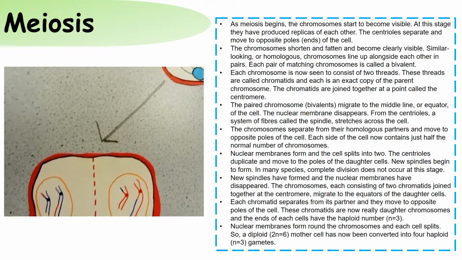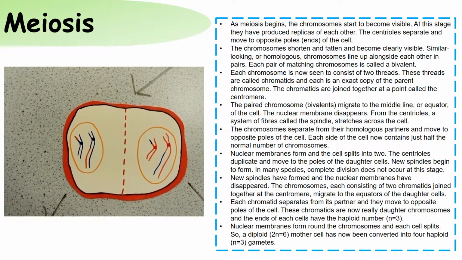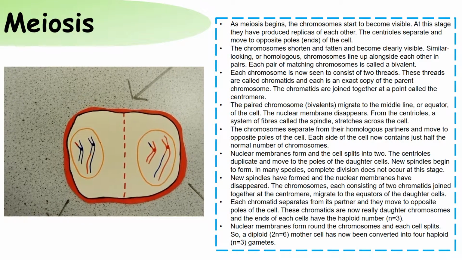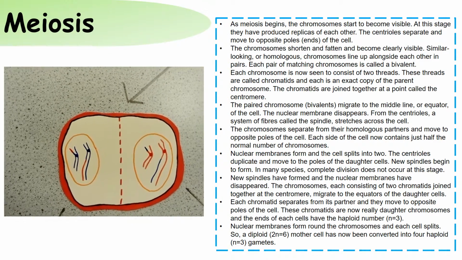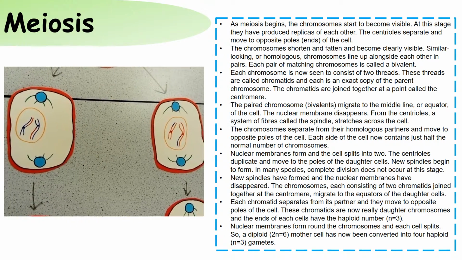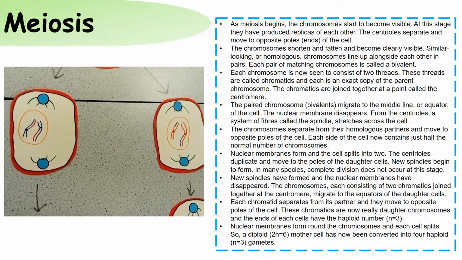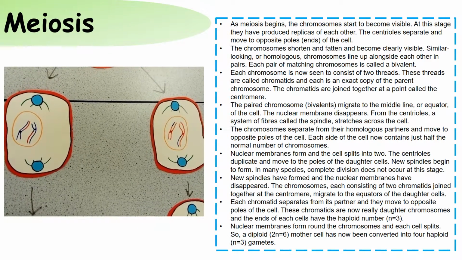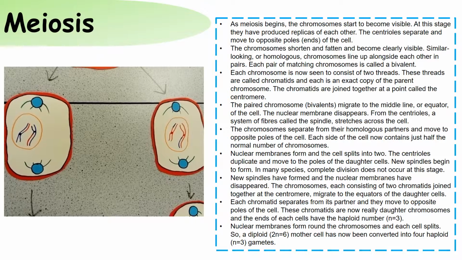As with mitosis, a new nuclear membrane forms around the 23 pairs of chromosomes, into two genetically different cells, and you get cell cleavage.